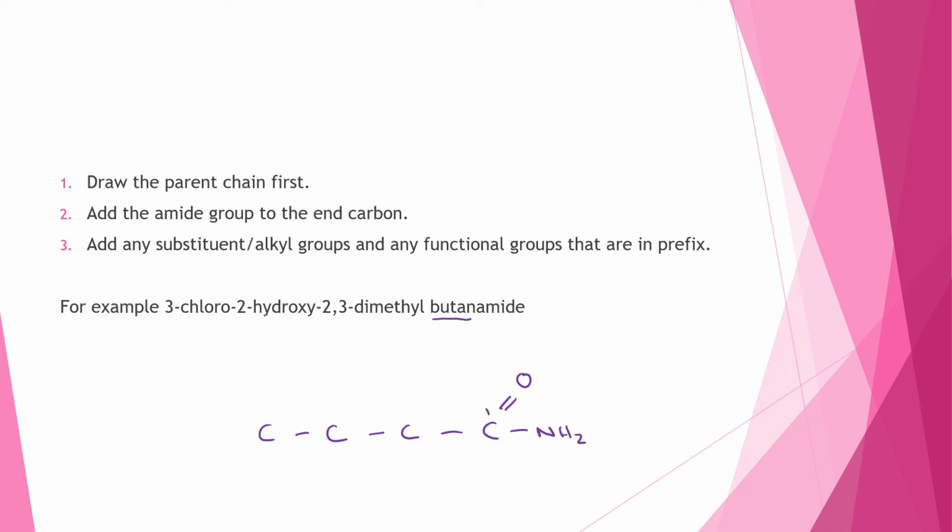On carbon number 2 we have a methyl group. On carbon number 3 we have a methyl group. On carbon number 2 we have a hydroxyl group. And carbon number 3 we have a chloro group. Complete the drawing by putting in the appropriate number of hydrogens.